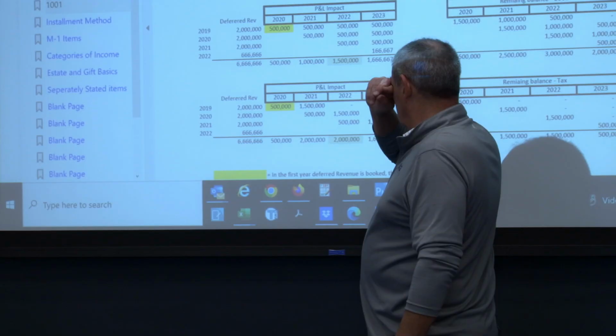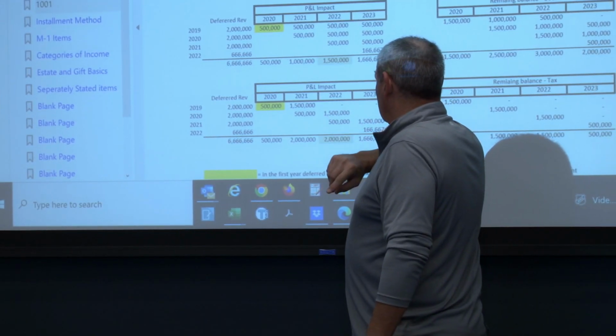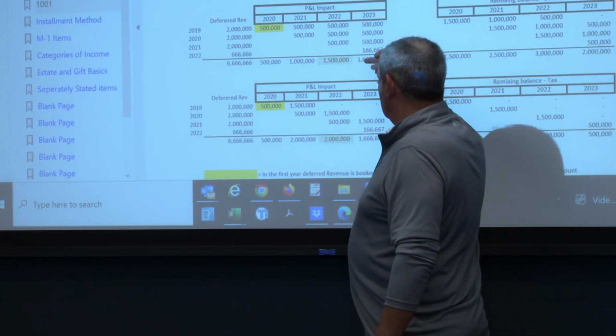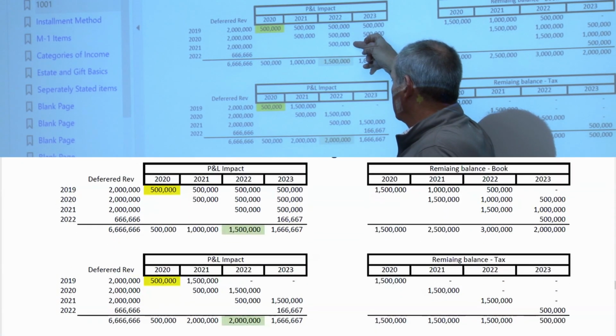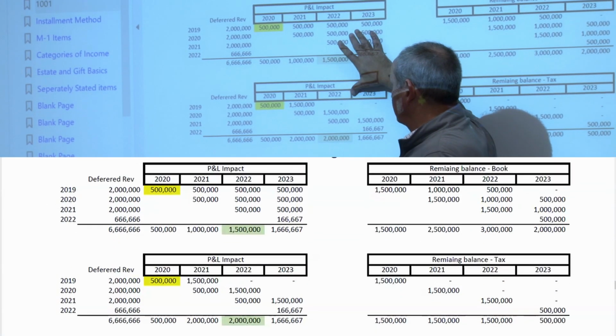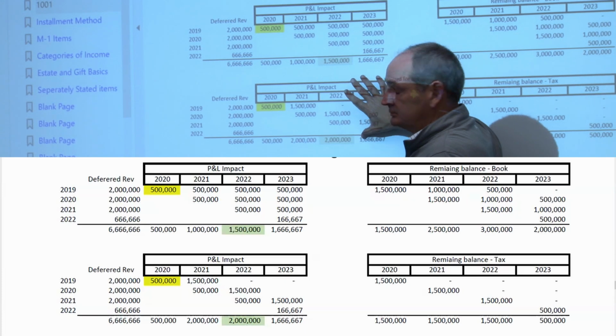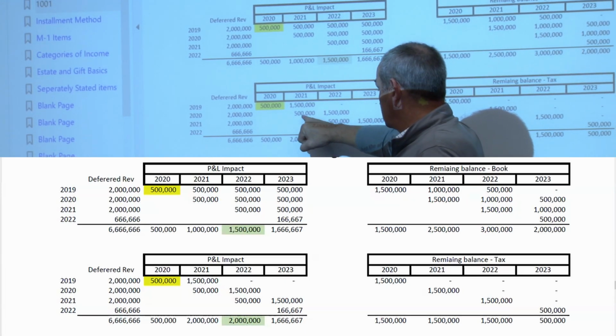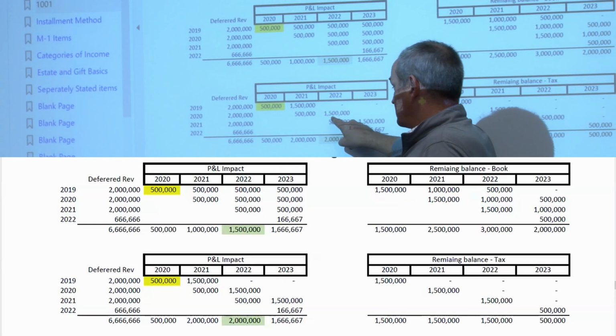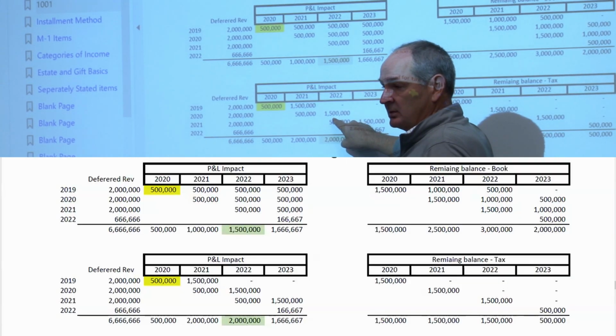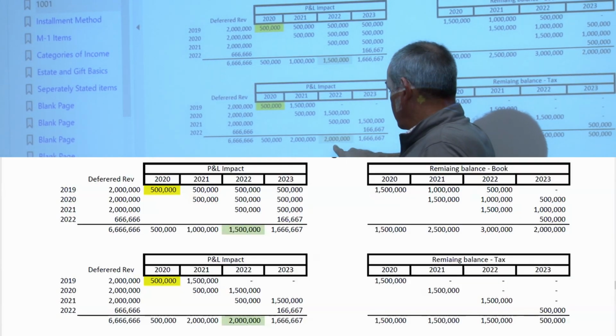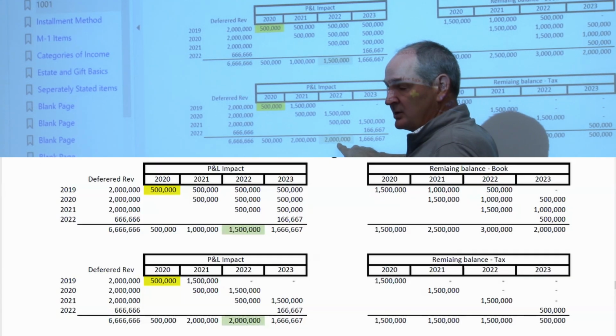Has to be. Okay? So for GAAP in 2021, we're recognizing the 500 and 500, right? For tax, we have to recognize the remaining amount from the previous year of $1.5 million. So for tax, I got $2 million of recognition for tax purposes.